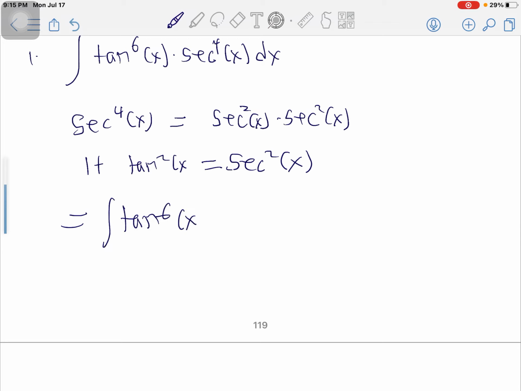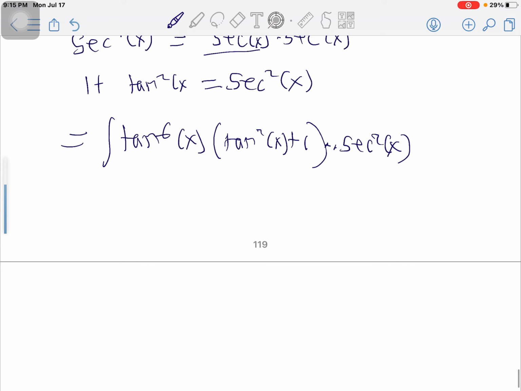In doing that, we get the integral of tan to the power 6 of x, and then this one is replaced by tan square of x plus 1, and don't forget our other sec square of x.